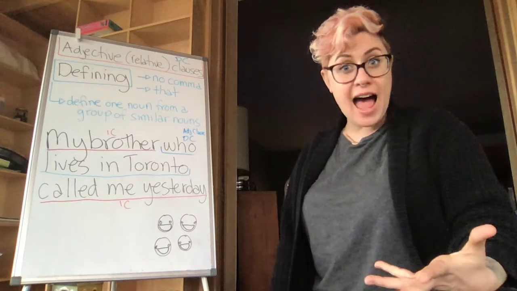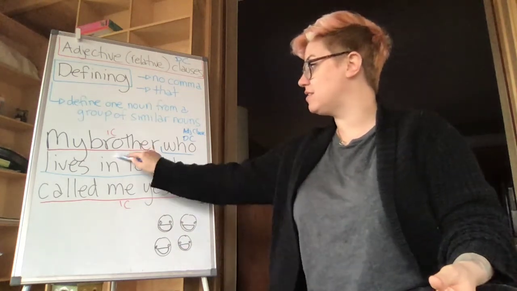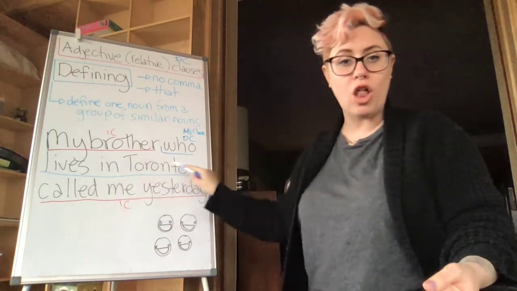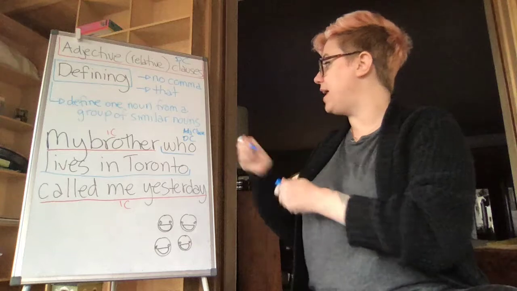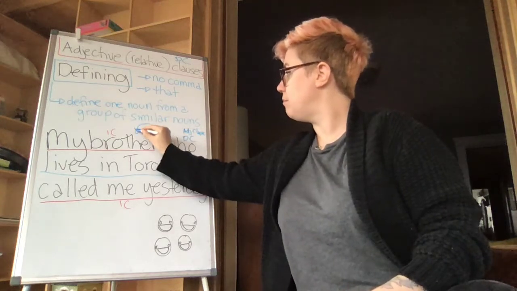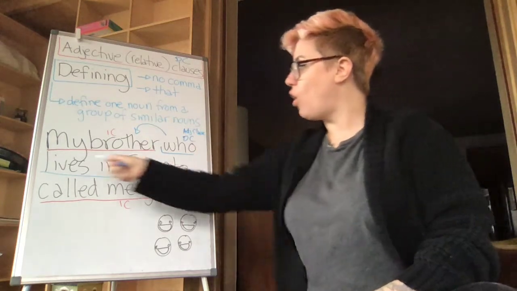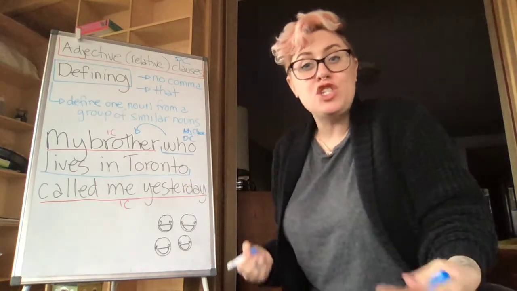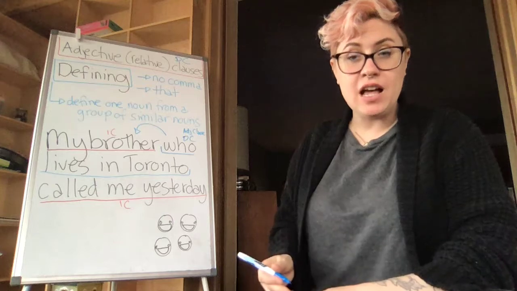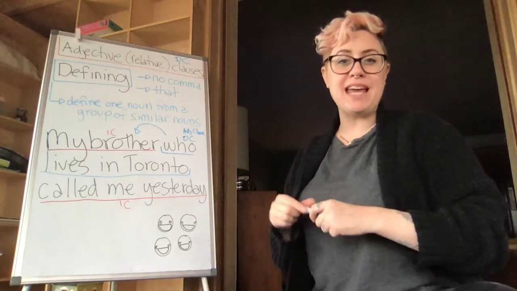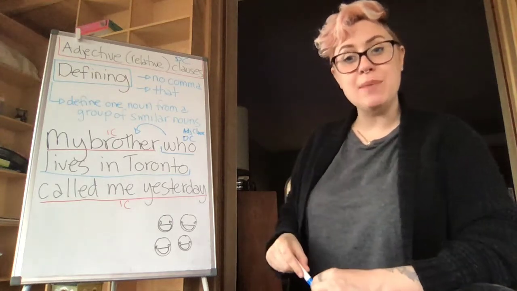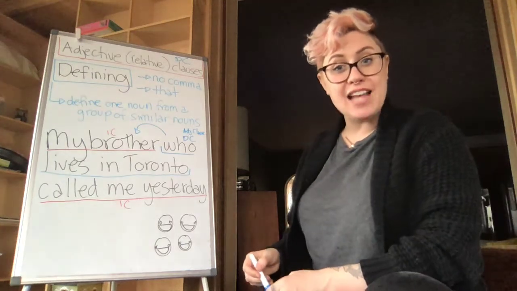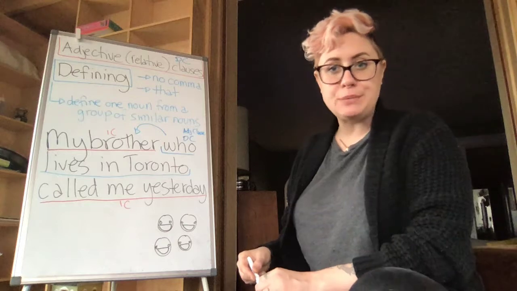So, the noun in this sentence is my brother. And this whole clause is describing my brother. So this whole clause's job in the sentence is basically to be an adjective. So instead of saying the pink table, we could say the table, which is pink. And that is using an adjective clause to describe the table.